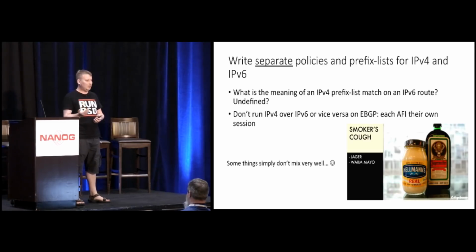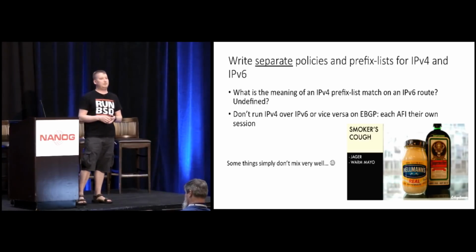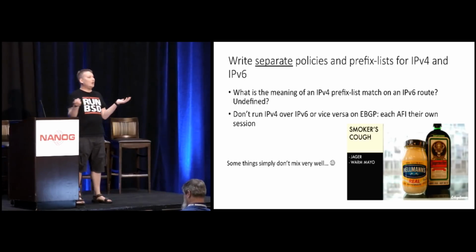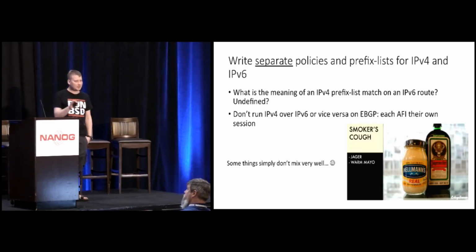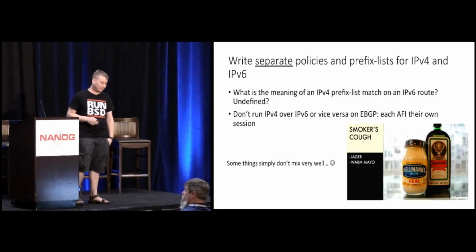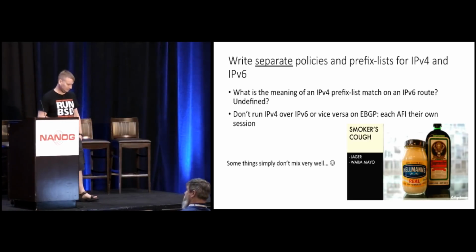But when it comes to eBGP, when it comes to debugging, consistency between the various vendors, I mean, who has formally defined what happens if you have a v4 prefix list and you apply it on a v6 policy segment? Is that deny all or is it allow all? It's hard to say. So just keep the two internets separate from each other, like warm mayonnaise and Jägermeister. Don't mix it.